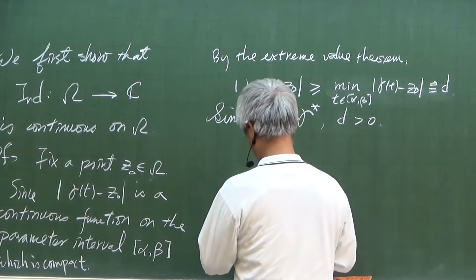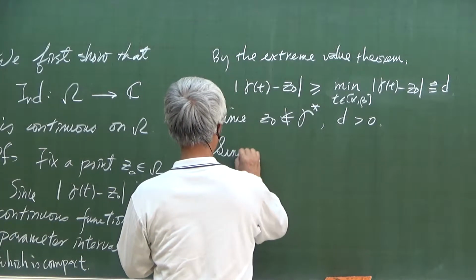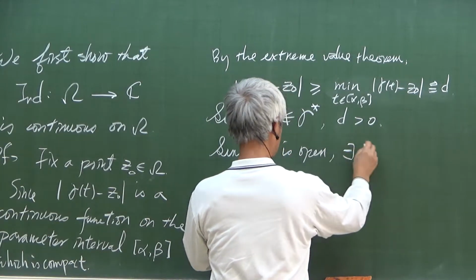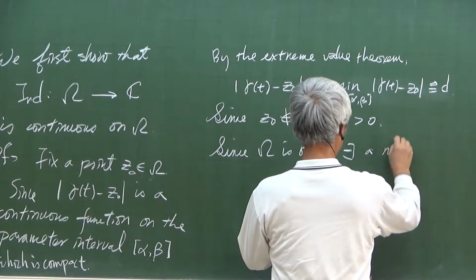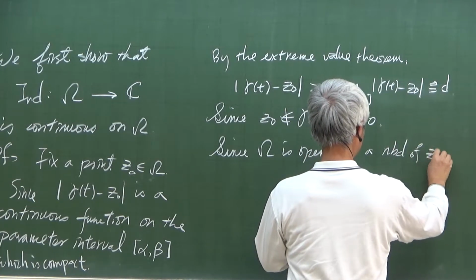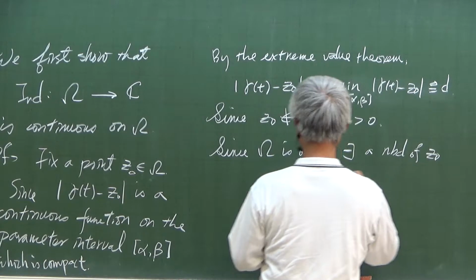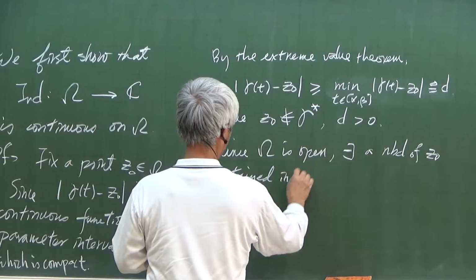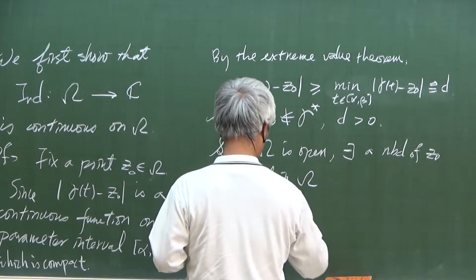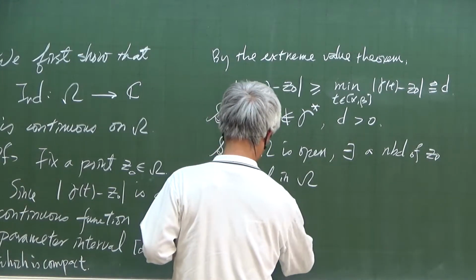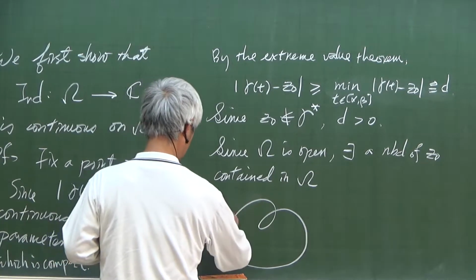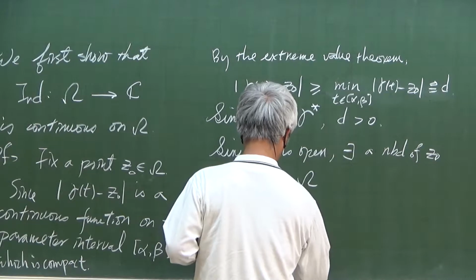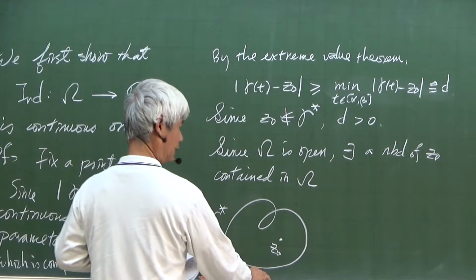All right. Now since omega is open, there exists a neighborhood of Z0 contained in omega. For example, this is gamma star, and we have Z0 here.